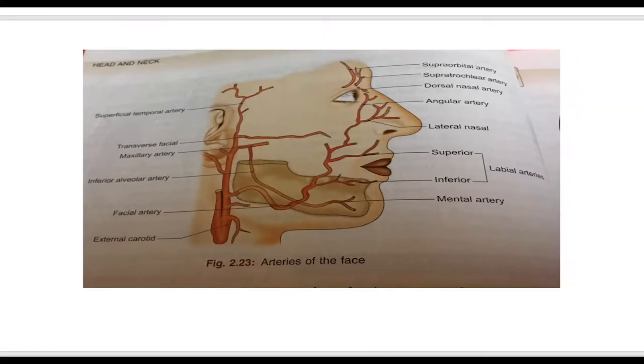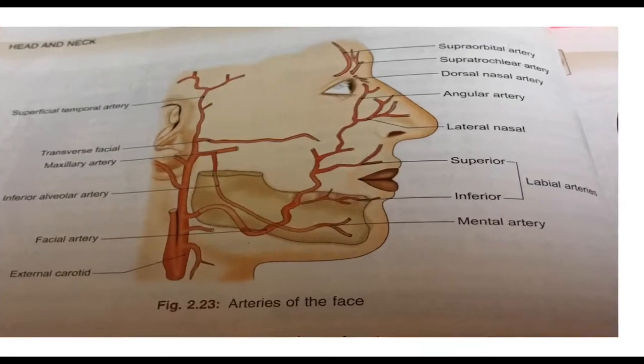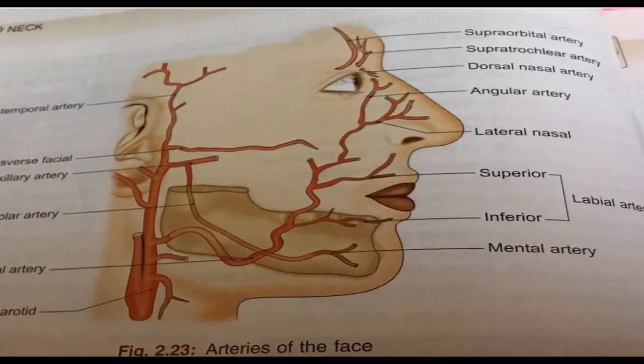Before it moves into the superior direction, it has given off a few branches and then it has traversed its path lateral to the lips and then lateral to the nose and then reaches up to the angle of the eyes. Okay, so this part of how the facial artery travels is something very important for you to know.